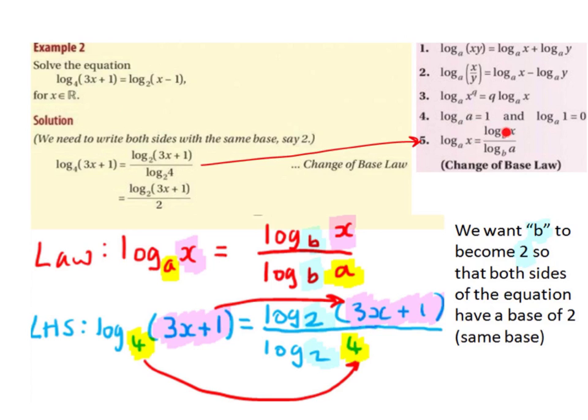It's going to be a log base b for our numerator and a log base b for our denominator. So log base a of x will give us log base b of x divided by log base b of a. So the x comes up here into the numerator, the base a comes down here into the denominator, and the log base a becomes log base b divided by log base b.